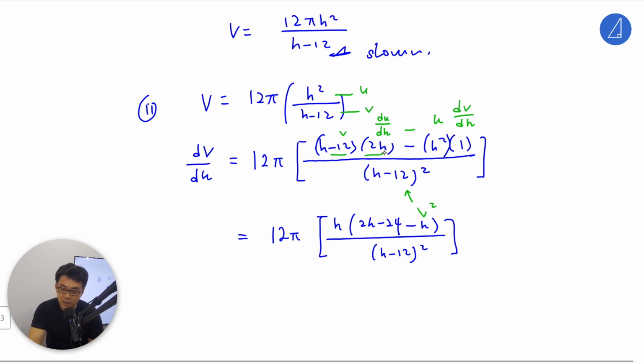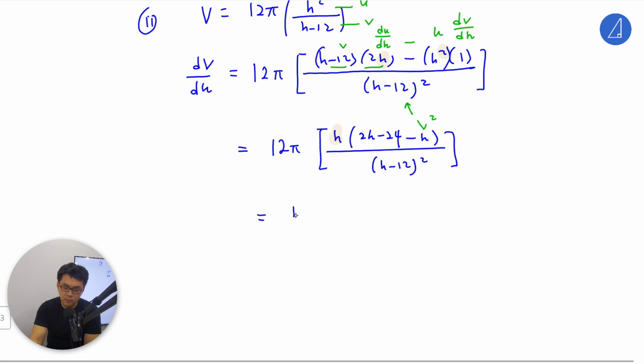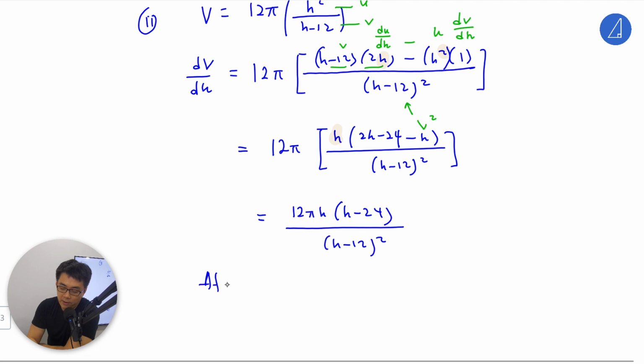Just understand that you factorize things out because it'll be much easier, right? Don't expand. I know students like to expand. I don't blame you all for that because it's a very lazy way of thinking. Okay. So this is this. Then after that, I'll just get a stationary value.